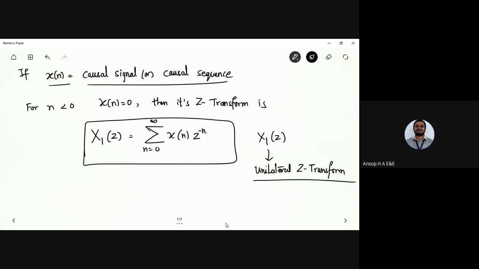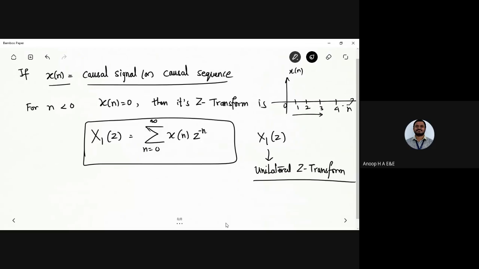As I already told you, n would be ranging from minus infinity to plus infinity. So let me cut down the summation to be from 0 to infinity, only one part of the sequence. How can I represent a signal like this, say x of n against n, from 0 to the right side: 0, 1, 2, 3, 4, something like that.